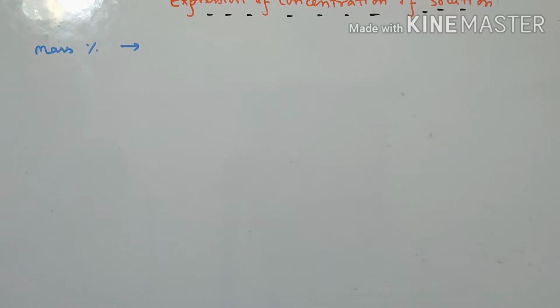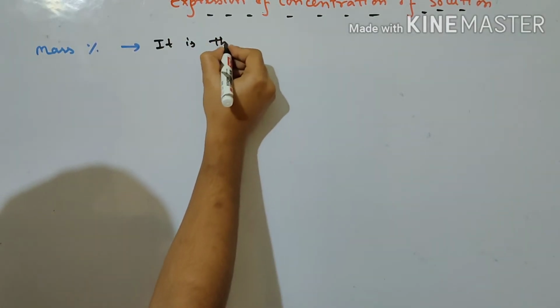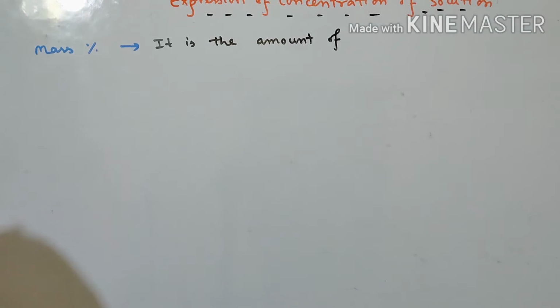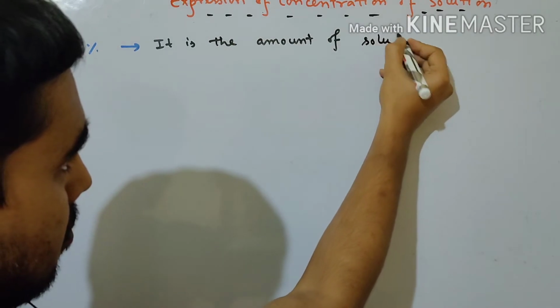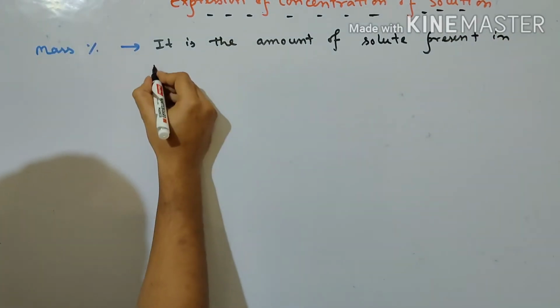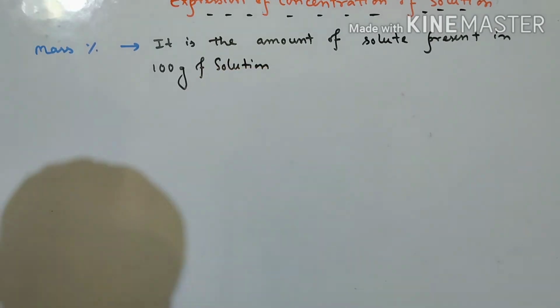Mass percentage means it is the amount of solute in grams present in 100 gram of the solution. Remember, we have to solve numericals, so you have to be ready accordingly.